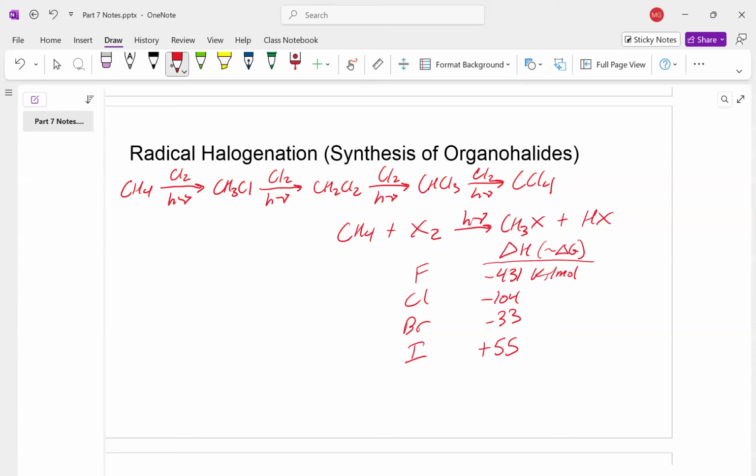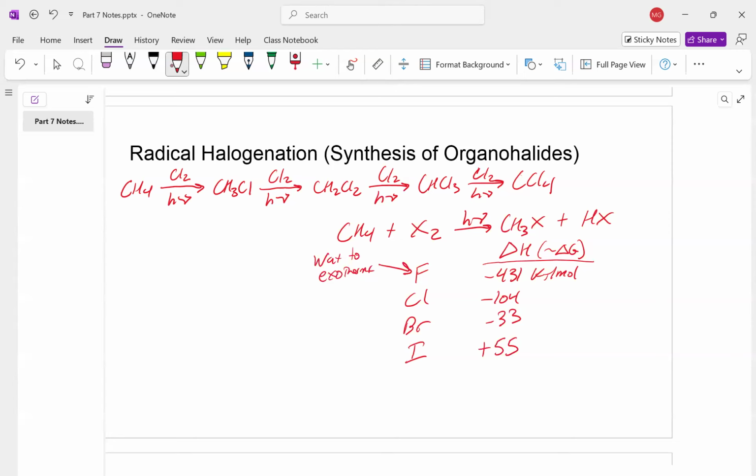Now, if we look at the value of those numbers, fluorine is too impractical for us to use in a lab. This is way too exothermic. If we try to do that, it just would literally blow up in our faces. Not good at all.